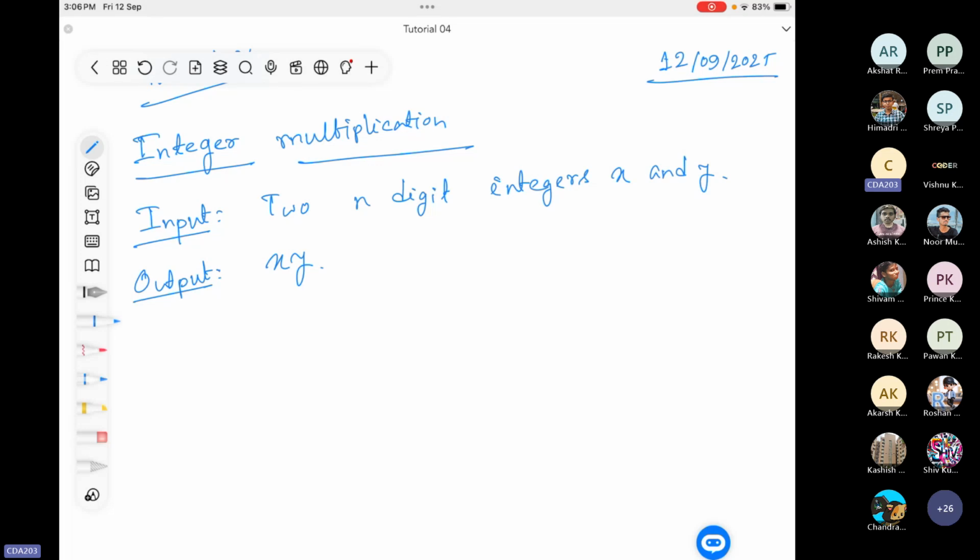So counting the number of primitive operations is very important in this case. Previously when we computed multiplication of two or three numbers, we just computed it. Now we also look at it from a different angle. We look at how many operations we are doing while executing that multiplication.